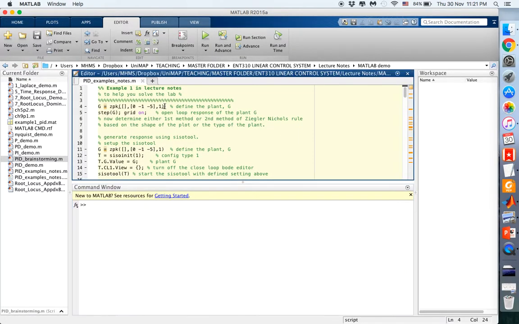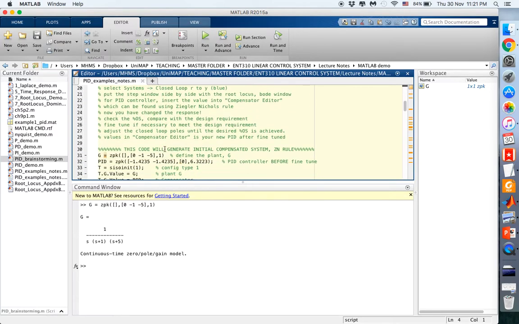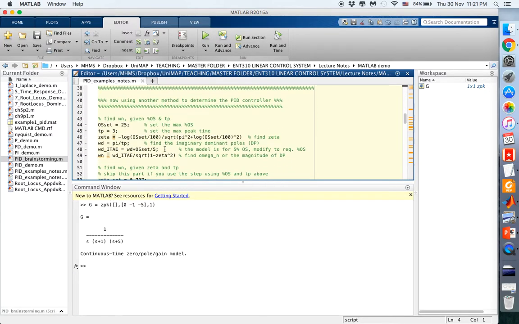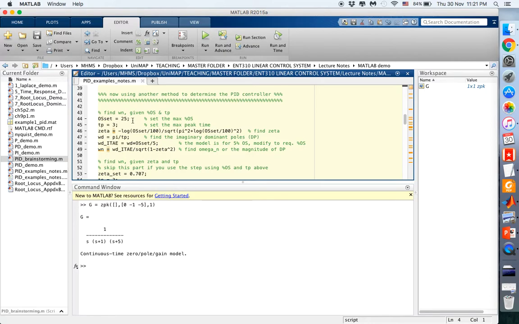Now we have our plant, 1 over (s plus 1)(s plus 5). Then we have our maximum overshoot of about 25%. Let's say we want the maximum peak time to be 3 seconds.